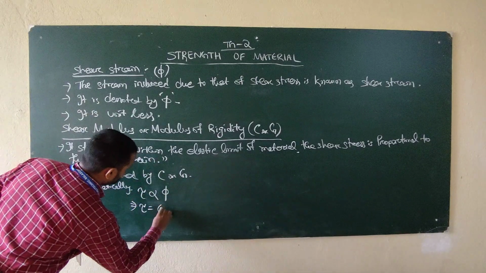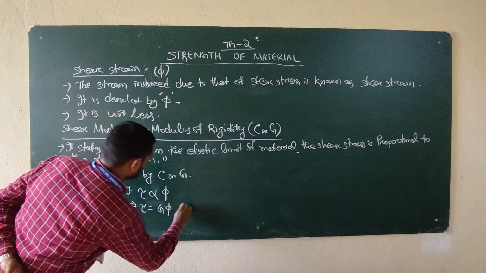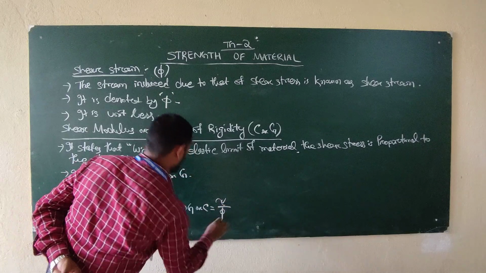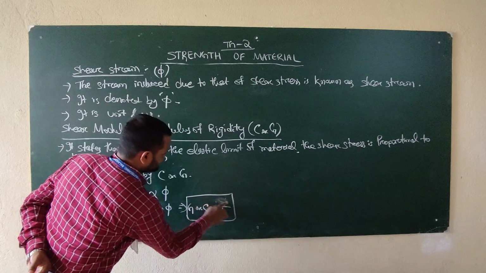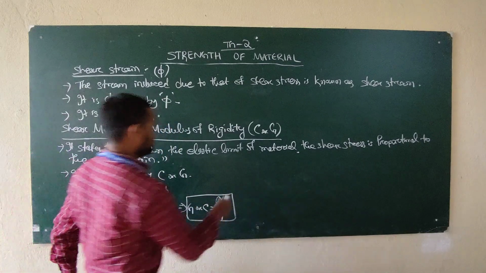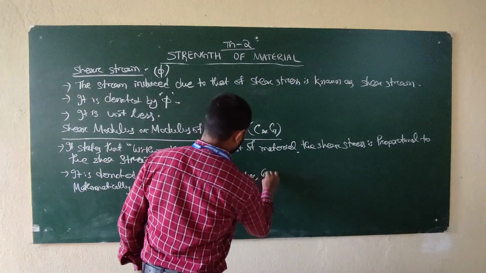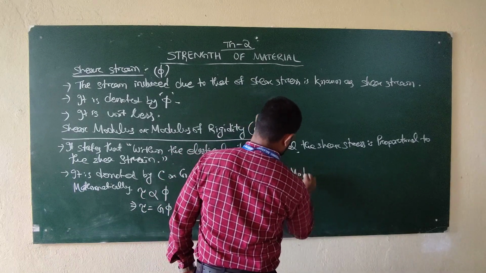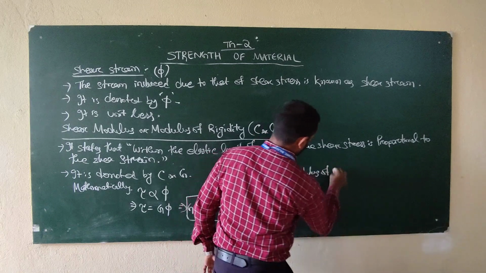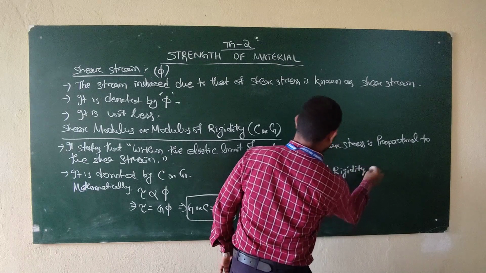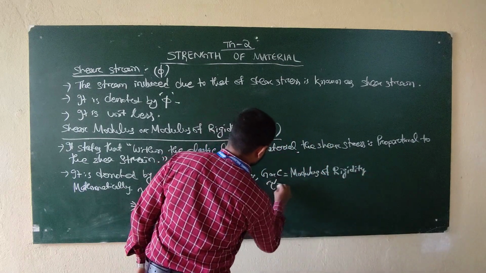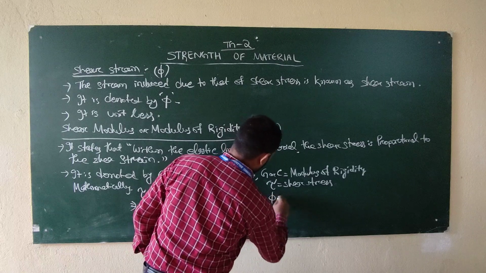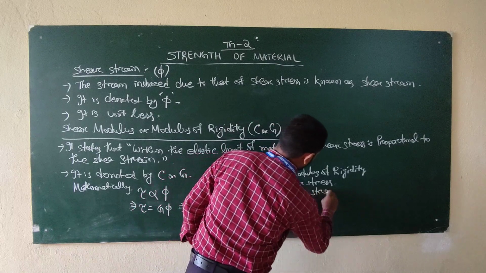So tau equal to a constant G into phi, that implies G or C equal to tau by phi, where G or C equal to modulus of rigidity, tau equal to shear stress, and phi equal to shear strain.